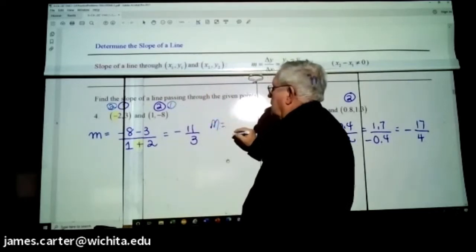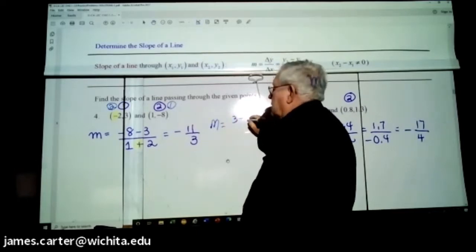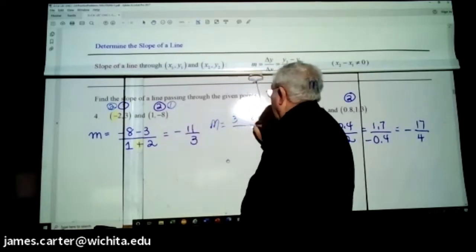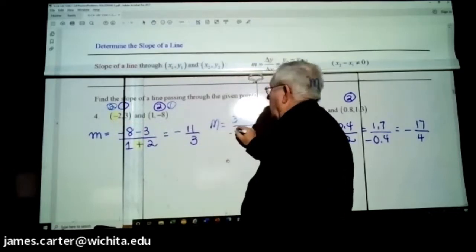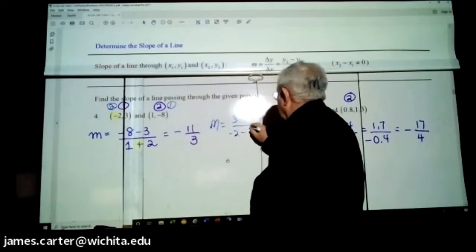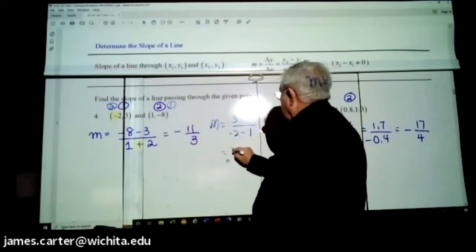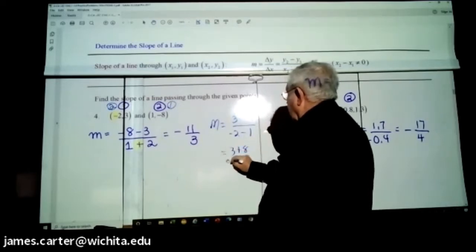m equals, in this case, we're going to do the y, so 3 minus -8 over -2 minus 1, which is equal to 3 plus 8 over -3.